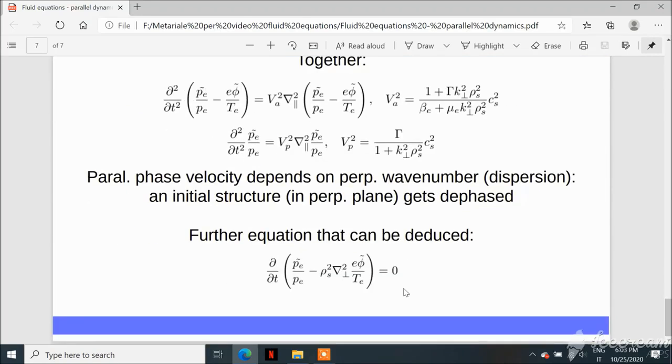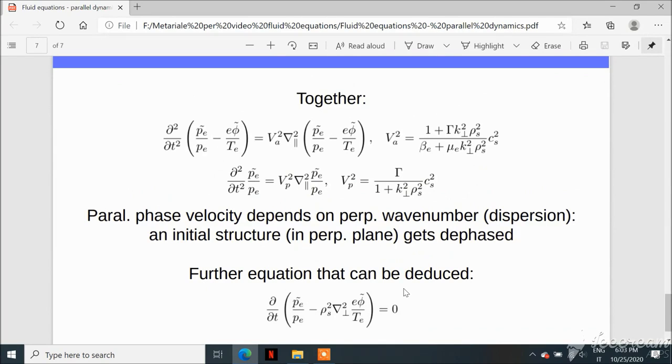So I conclude by putting these results together, and so we have found that in these two limits, so the high frequency limit and the low frequency limit, we can find two different wave equations. First one involving this phase velocity, which has this complicated expression, and the other one involving this quantity.